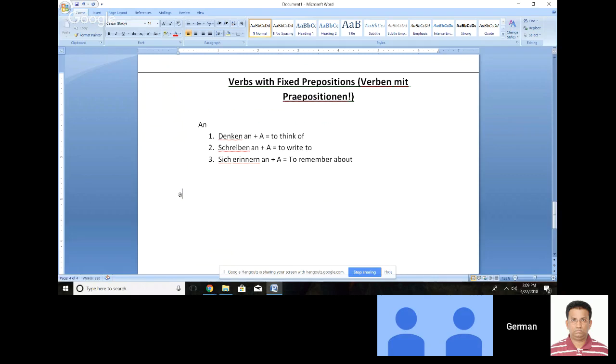Next is auf. For auf, we have sich freuen auf plus accusative, which means to look forward to.